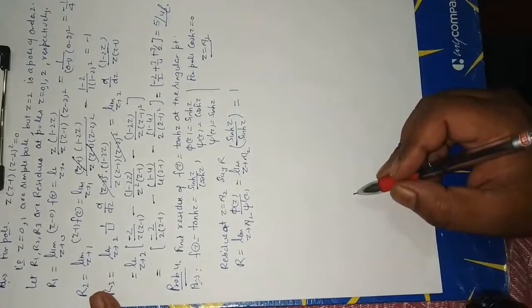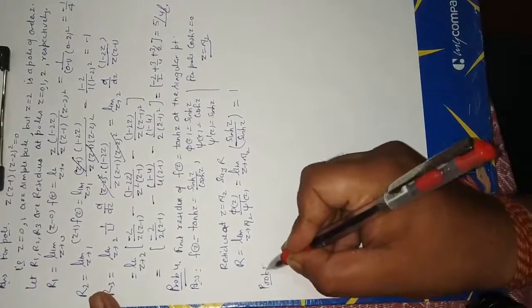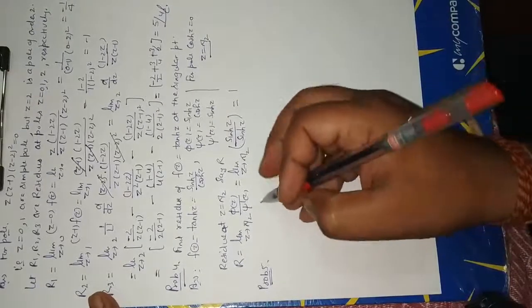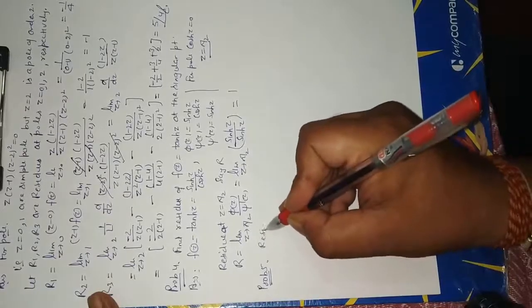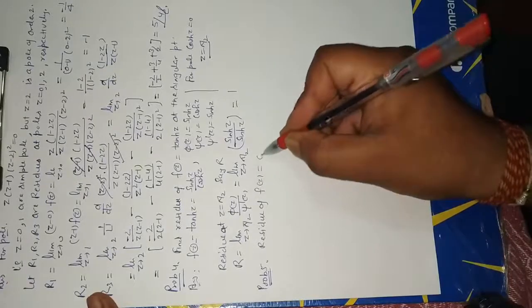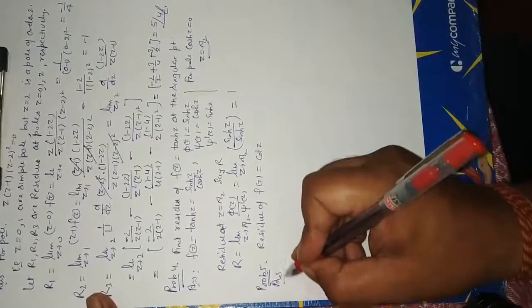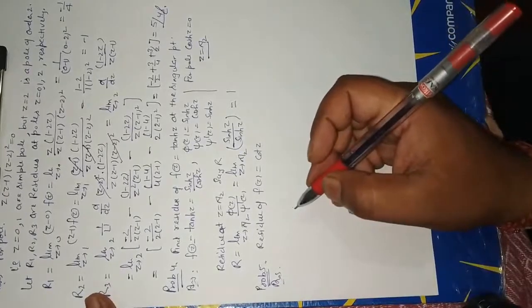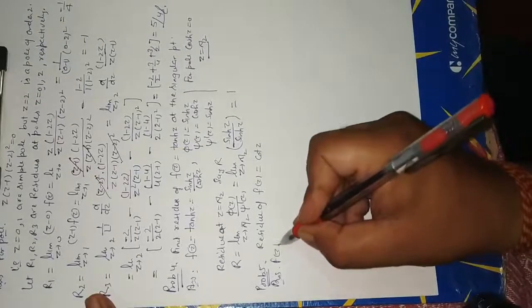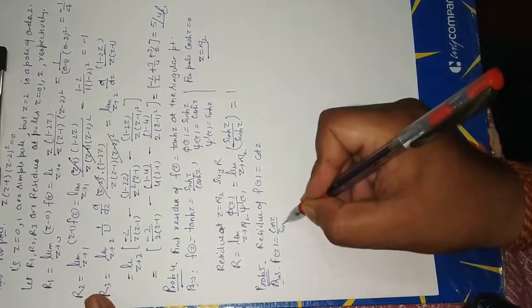Okay, now next question, problem number 5. Residue of f(z) equal cot z. Now solution. f(z) is equal to cot z, that is cos z upon sin z.